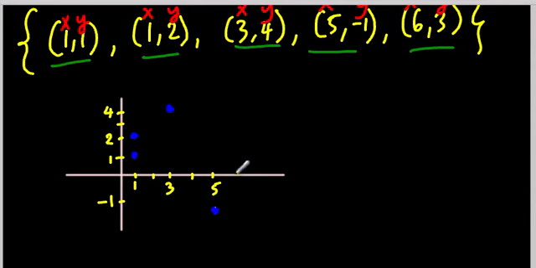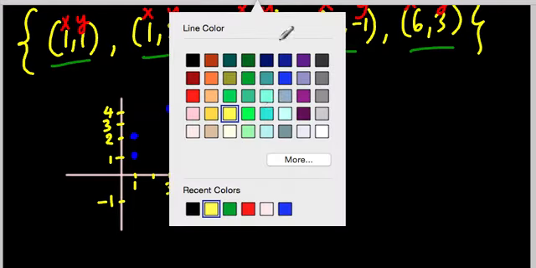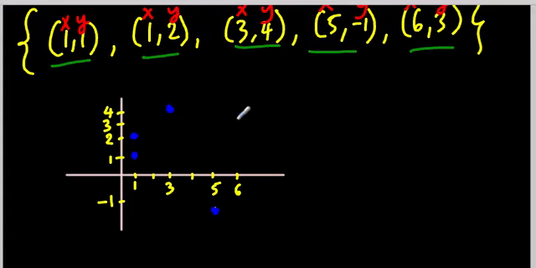So here's 6 and 3, and I'm going to use blue again. So (6, 3) is somewhere here. And there we go. This is clearly not a line or anything. It's just a collection of points, and this is an example of a relation. It's just a random collection of points.